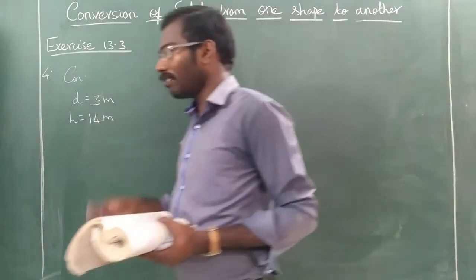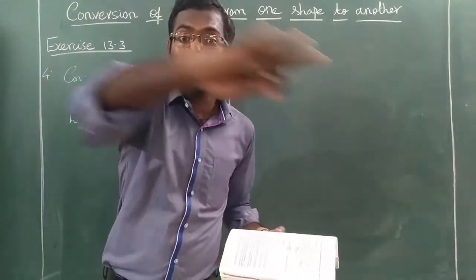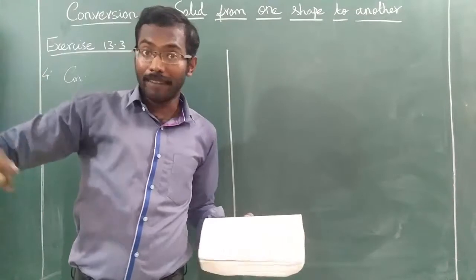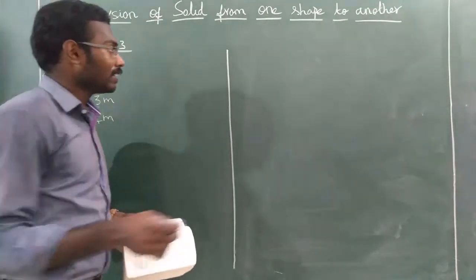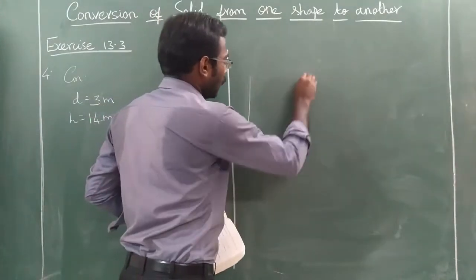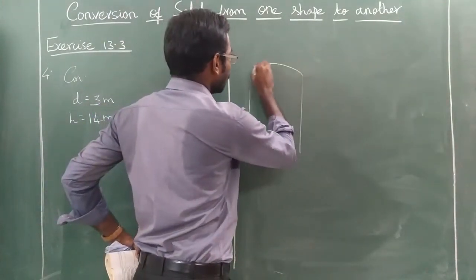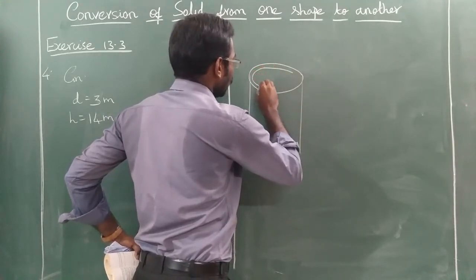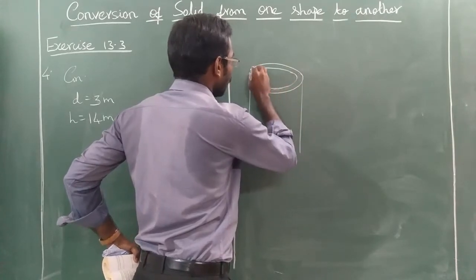You should understand the question. They are digging a well and they are taking the sand outside and spreading to make a circular ring. Embankment is in the form of circular ring. Usually embankment will be like this, na? So if this is the well, then embankment will be like this. Like this. Yes or no? The thickness may vary, the width may vary.